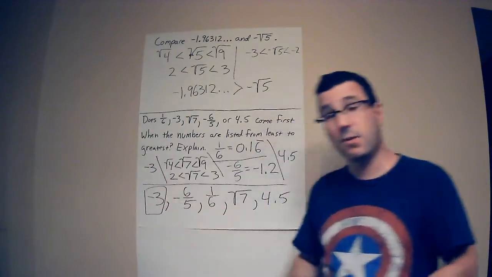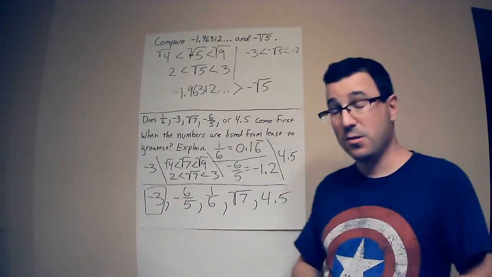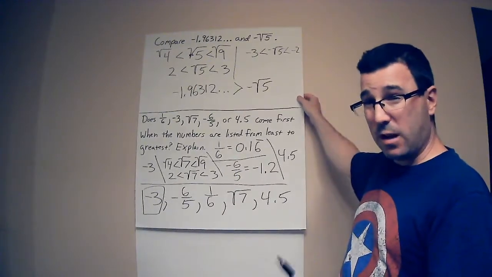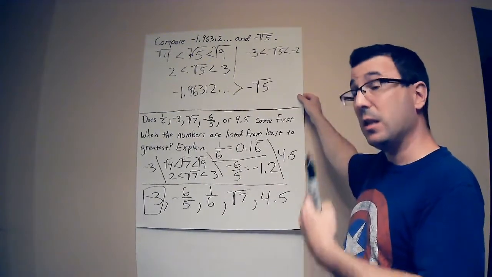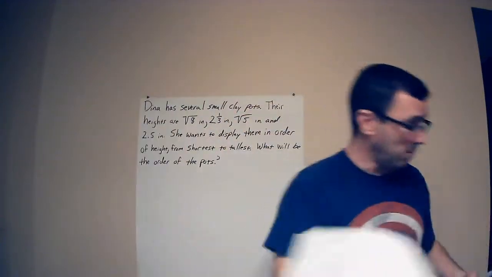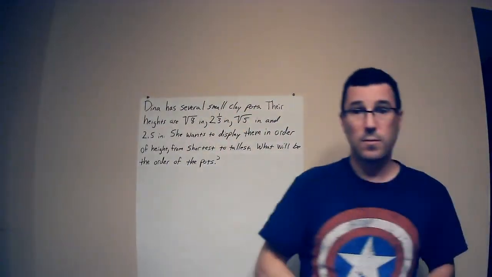So negative 3 is actually the smallest. Okay. If you're still having trouble figuring out comparing negatives and positives, definitely look up stuff.